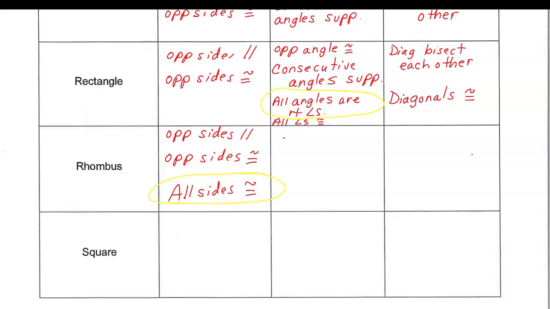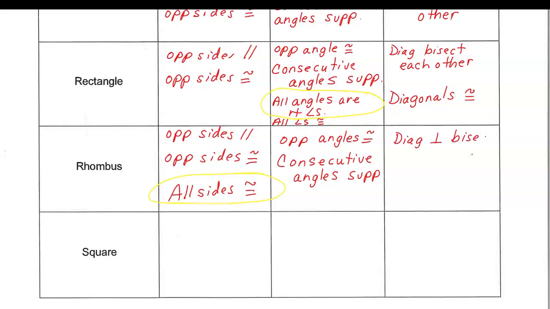In a rhombus, opposite angles are congruent and consecutive angles are supplementary because it's a parallelogram. The diagonals in a rhombus do bisect each other, but they do more than that. They are perpendicular bisectors of each other. So the diagonals perpendicularly bisect each other.